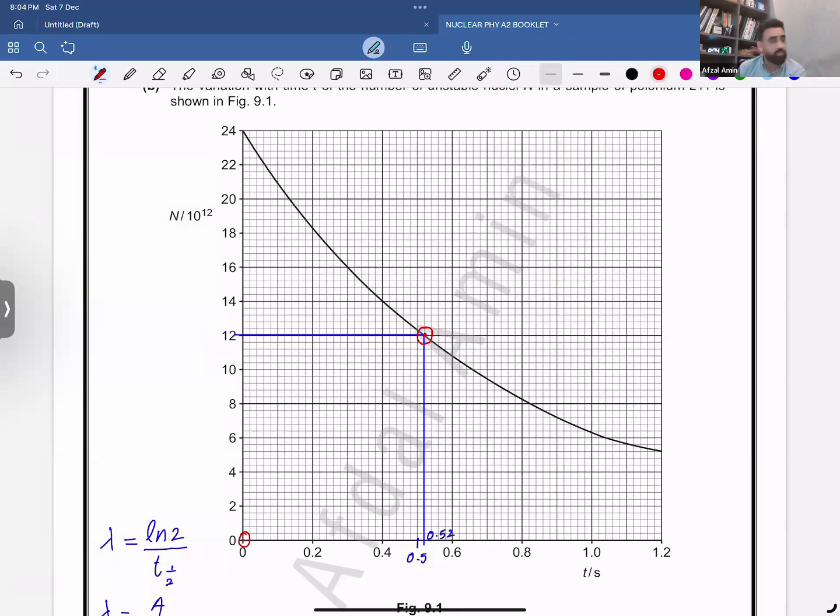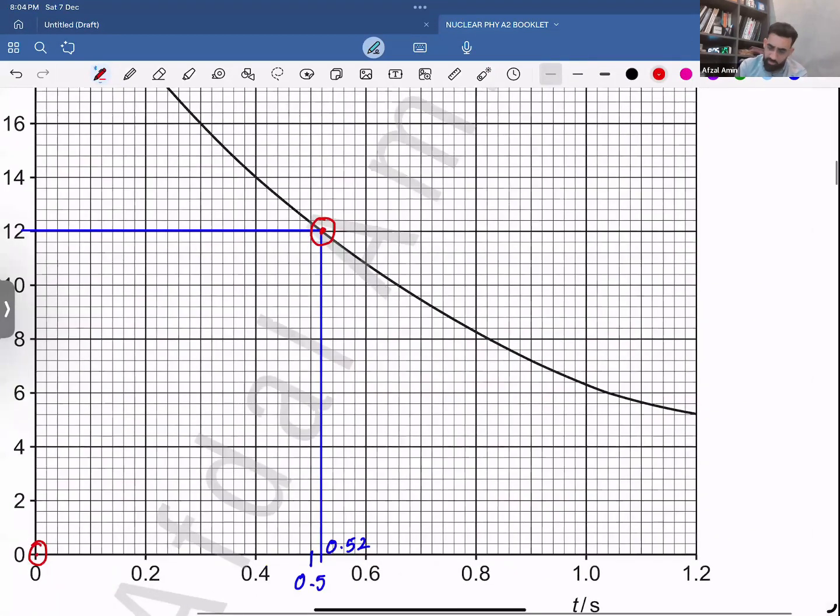Their sum should be 24. You can choose any number, but the sum should be 24. For example, the final value here is 5.2.